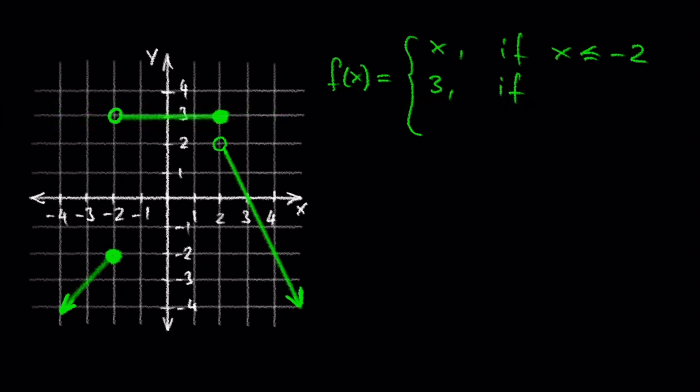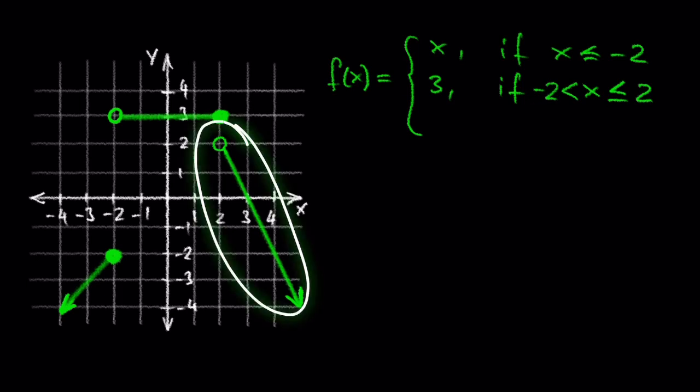We see an open circle here, which means that -2 is not included in the domain. And we see a closed circle here, which means that 2 is included in the domain. So x is greater than -2 and less than or equal to 2.